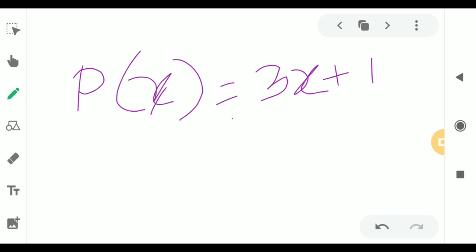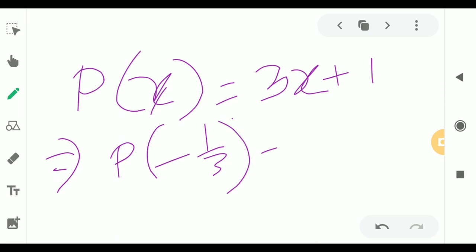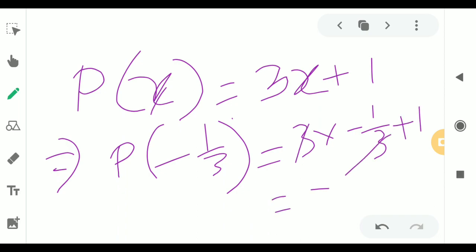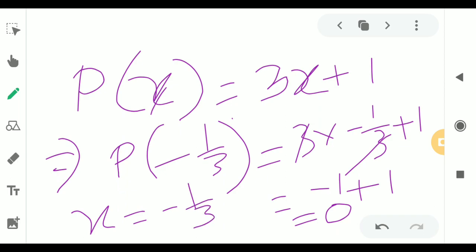So p(minus 1 by 3). Take value 3 into minus 1 by 3 plus 1. 3 cancel. So minus 1 plus 1. 0. Yes, we got 0. So we can say that x equals to minus 1 by 3 is the 0 of this polynomial.